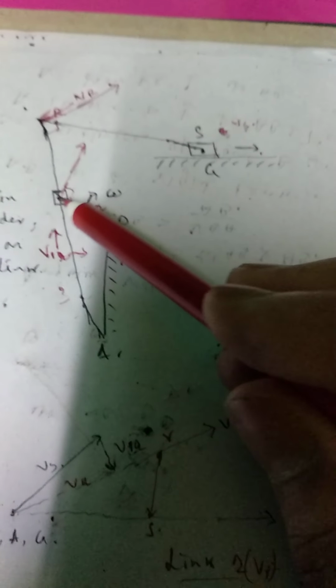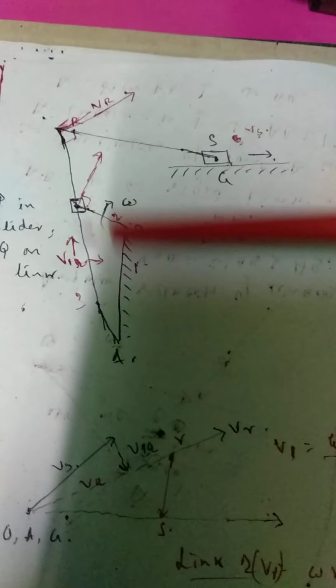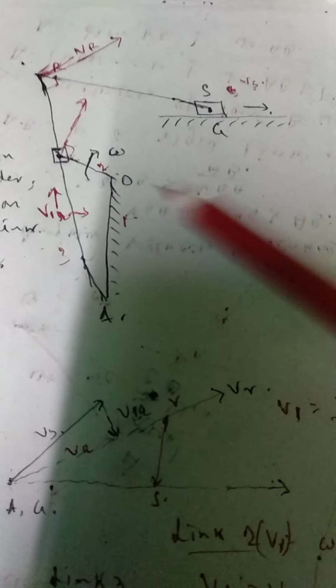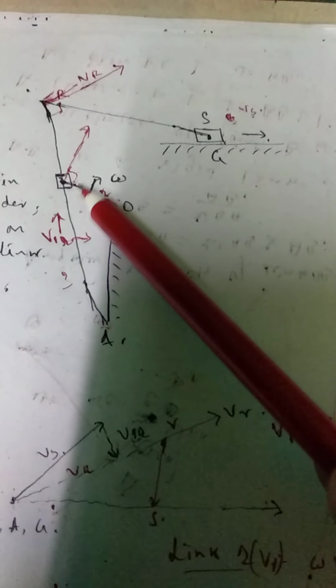Vq will be directly proportional to the distance of this point Q on this link from this fixed point A. So we can find this from Vq: Vq will be proportional to the distance of point Q from the fixed point A.